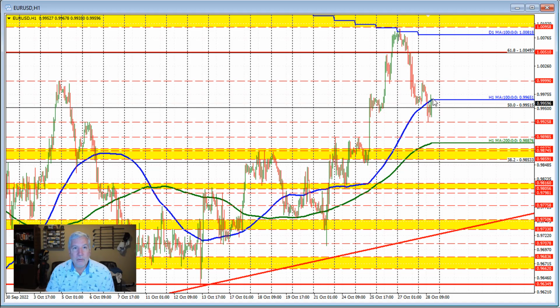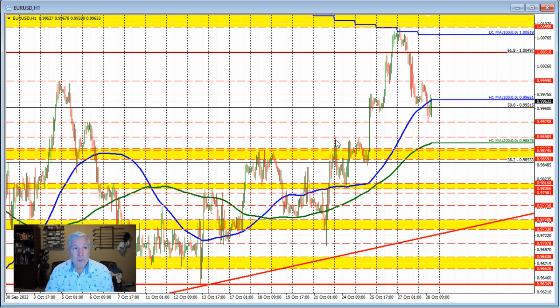So off the hourly chart, what do we see? Well, we have the 100-hour moving average in play on the top side at 0.9965. We need to get and stay above that level to give the buyers more confidence for the upside in trading here today. Alternatively, we'll be watching the 51 level. I still think it's somewhat important here for traders as a barometer. If we go below that level with more momentum, we'll be looking down toward this 25 level, the low here and the high here.